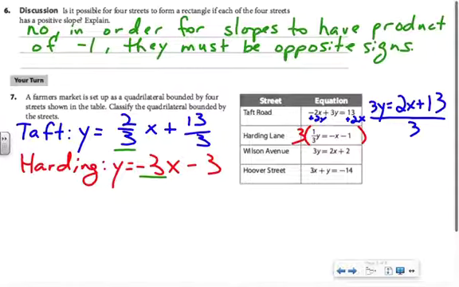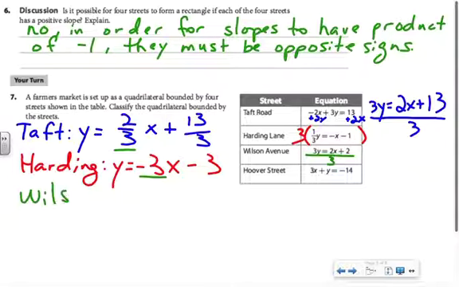Right away, I hope you would notice that these have no relationship whatsoever. So at the very least right now, you should be eliminating the prospect of this being a rectangle from your mind. It's definitely not a rectangle. In order to get Wilson Avenue in the proper form, I'm going to divide both sides by 3.